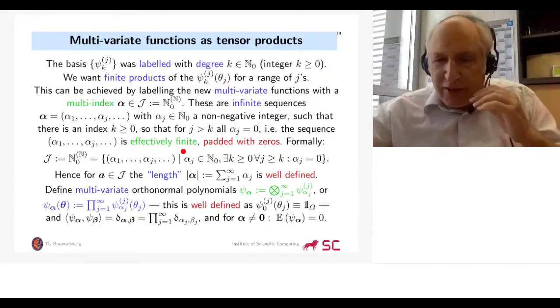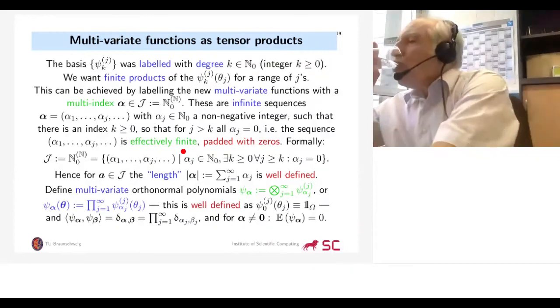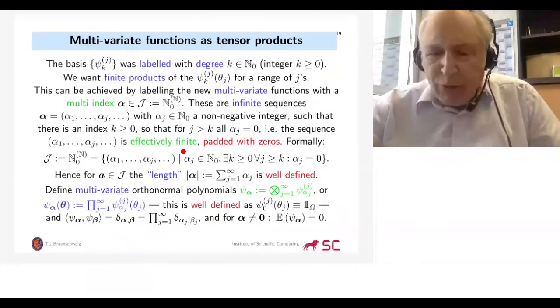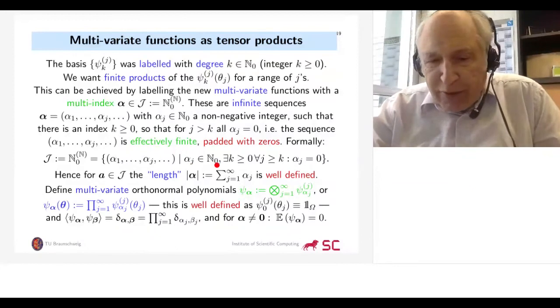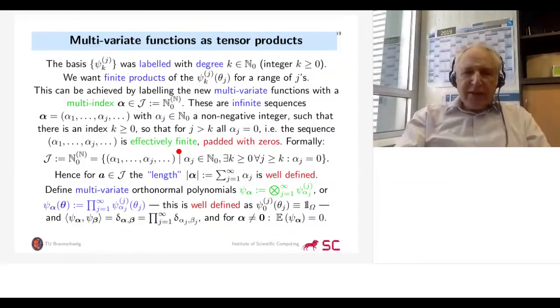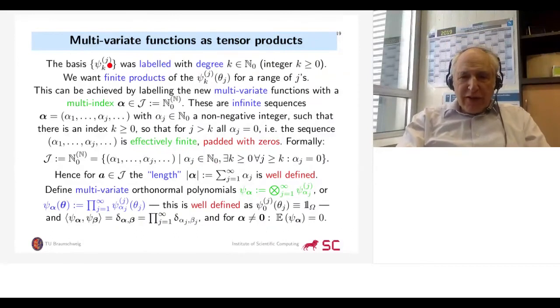We build these multivariate polynomials as tensor products of univariate polynomials. So here the basis was labeled with a degree. And now we want finite products in different random variables, and we'll be labeling them with multi-indexes.